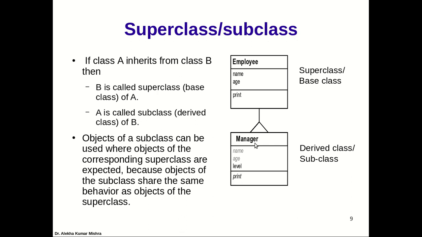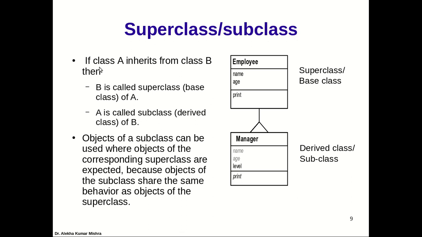That means manager shares the information or features of employee. Whatever an employee has, definitely manager has. In addition, the manager can have some additional properties, or attributes, or additional behavior. But whatever behavior the employee has, the manager will too. So we can say manager can derive from employee. So there is a superclass subclass relationship between employee and manager.